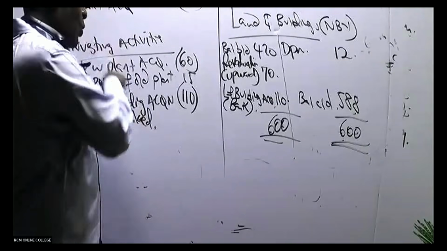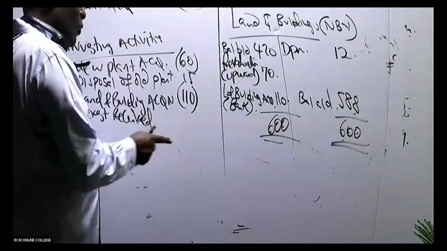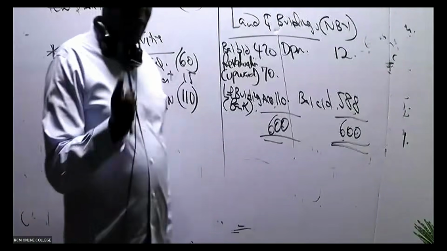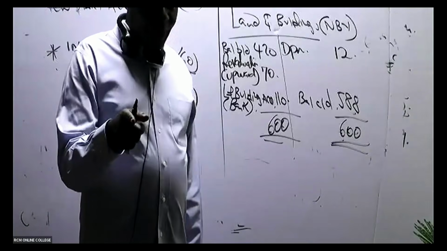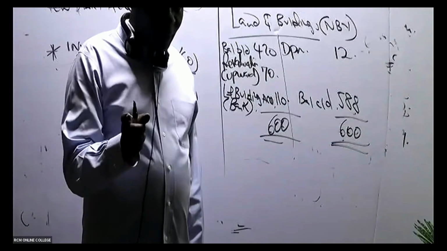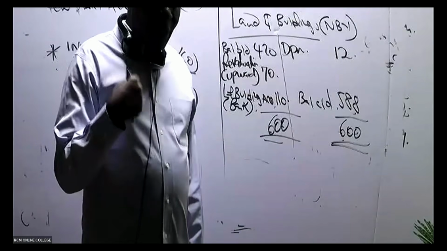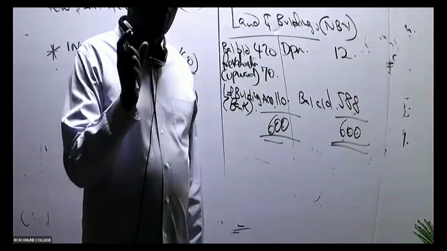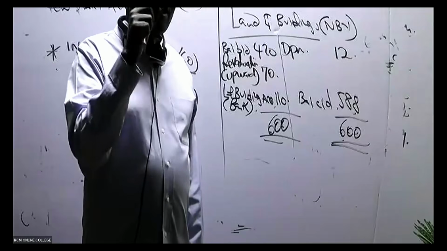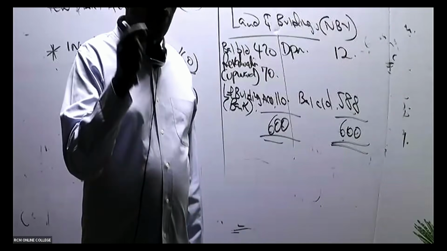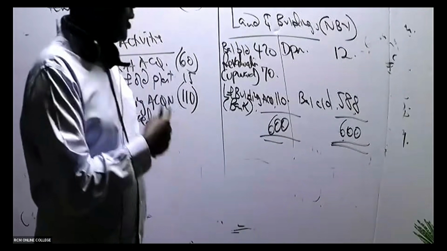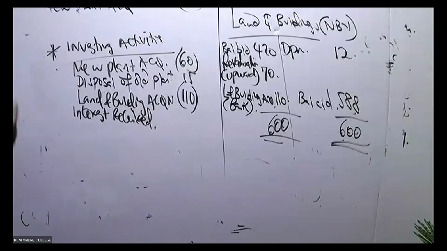Know that we can't bring that 12 the way it is, because the 12 is receivable, and here I'm looking at cash flow received, how much interest was received. When I look at the 8% loan variable and another one there, you'll see how I bring out this interest received in the year. For now, let's just leave it like that.